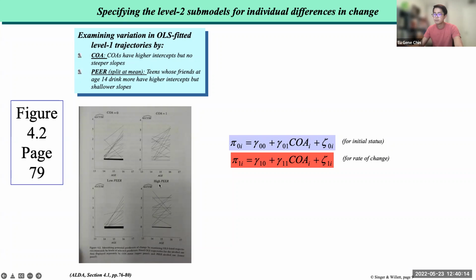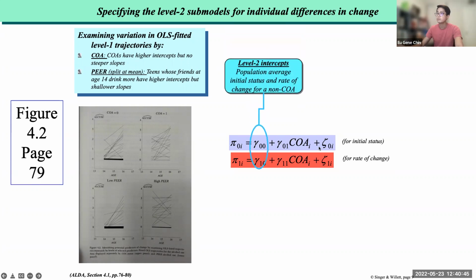Kids who have a lot of friends that drink regularly have higher intercepts. That means they drink a lot more alcohol at age 14, but their slopes actually are not as steep as compared to this one. So all this to say, it does seem as though these group level predictors, parents as well as peer influence, are good predictors of the individual's true estimated intercept and rate of change.